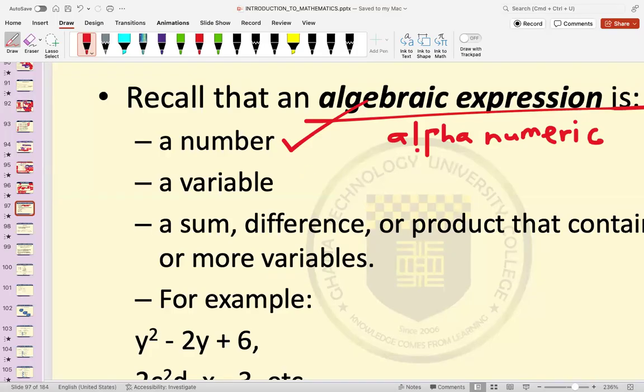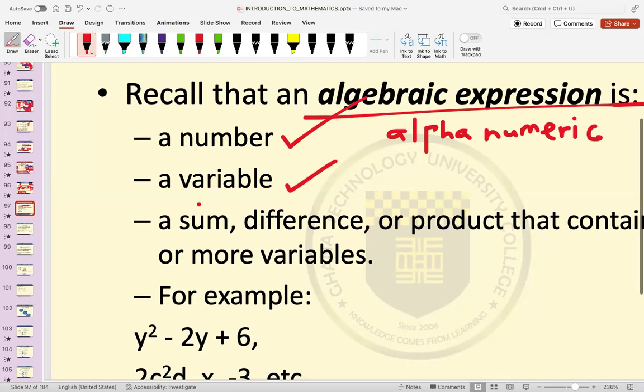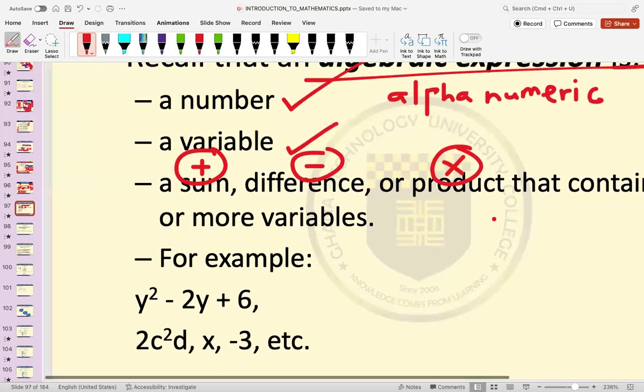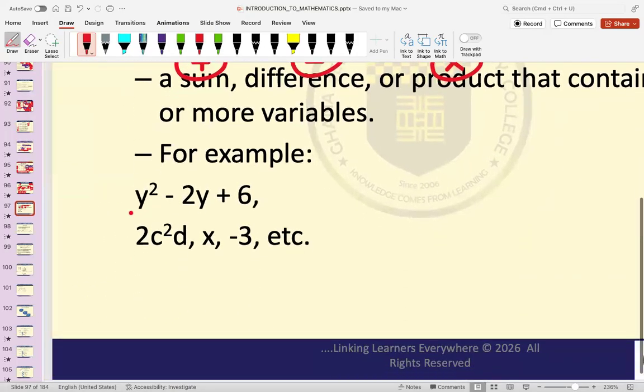The variable part, which is the alphabet, was the variable. And then if you remember, we were using operational signs like positive, negative, multiplication.